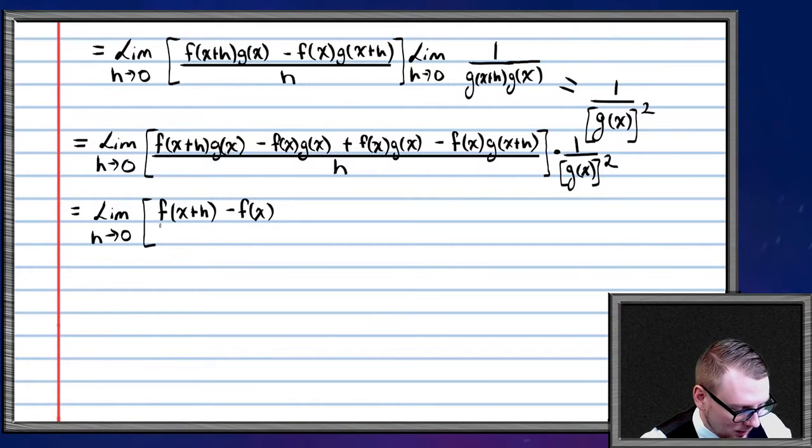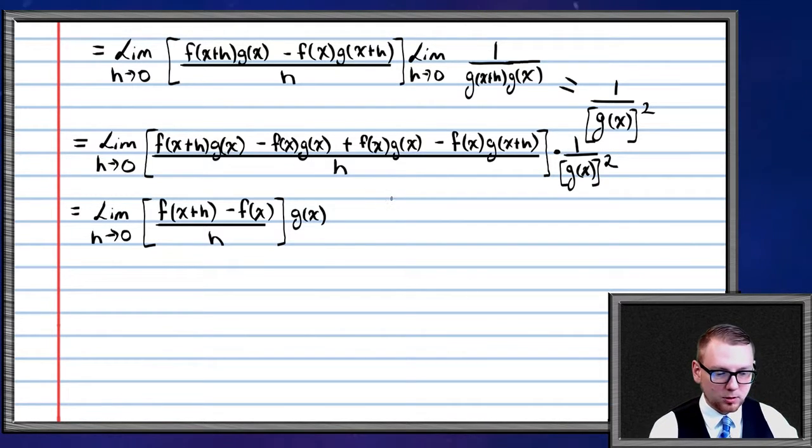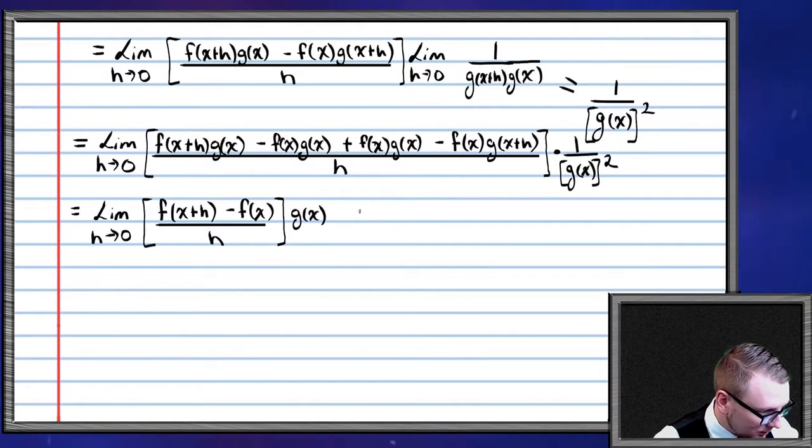Then this, again, still all over h. Take out that g of x, so we've still got that g of x on the outside. Then we're going to take out a minus f of x.